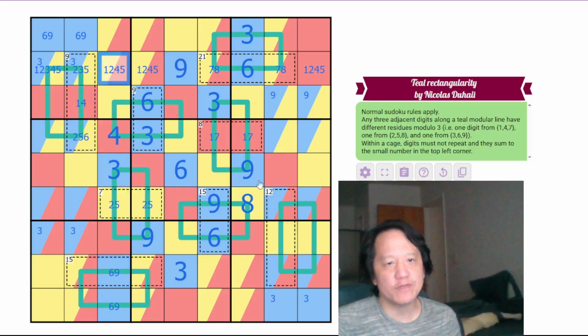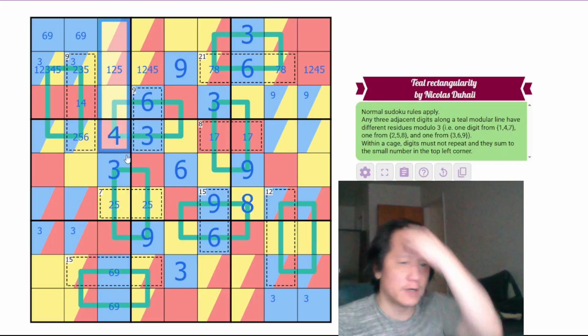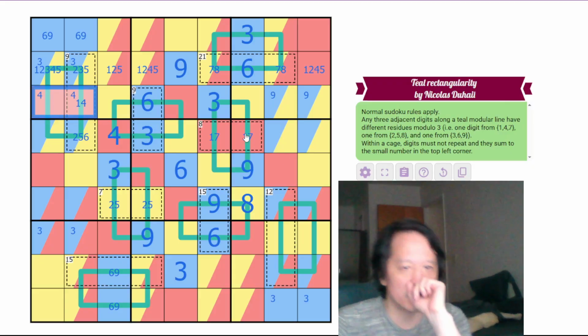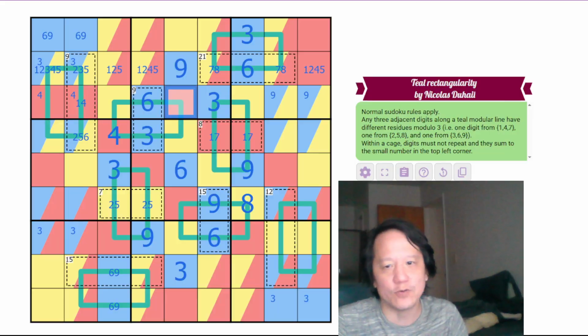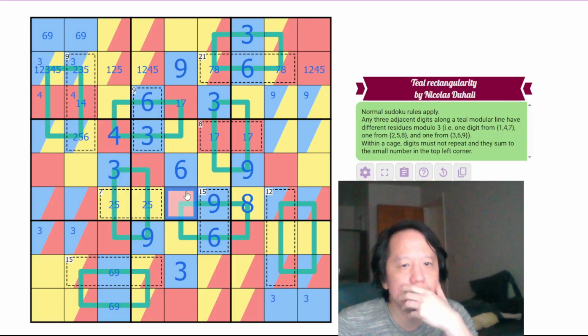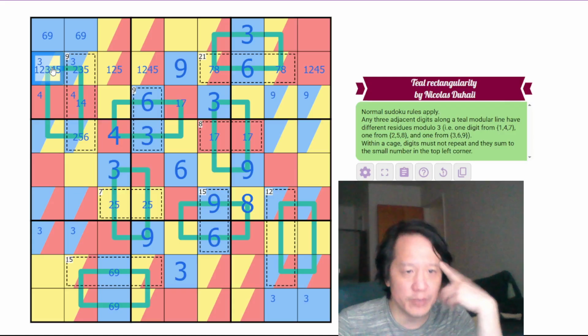This can't be 4 because of 4 in the column. One of these is guaranteed to be a 4. Which means this can't be 4, so this is 1 or 7 also. This cannot be red.